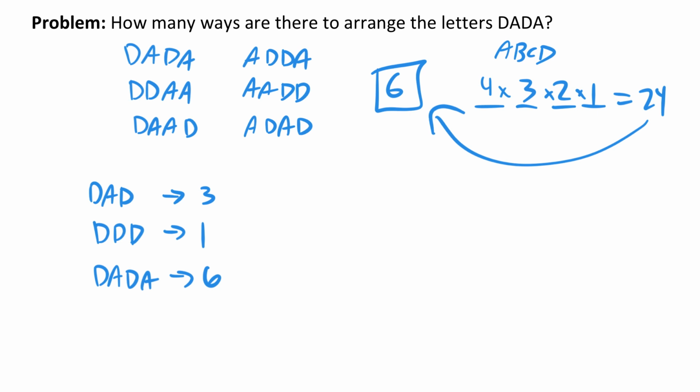So just like here, we know the answer is normally 24. Now the question is, how do we get back to 6? We know with 3 letters, the answer was normally 6. How do you get back to 3? And again, the answer with 3 letters would normally be 6. How do you get down to 1? So I'd encourage you to pause the video and think about it for a little bit. See if you can come up with a way to reduce the standard numbers down to these new numbers.